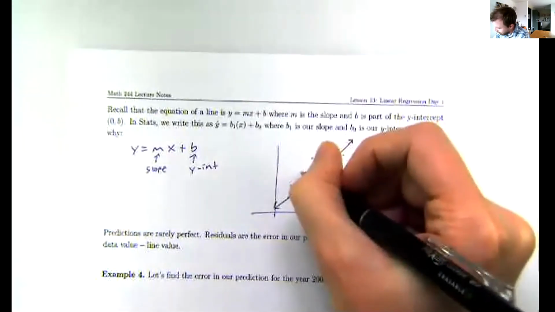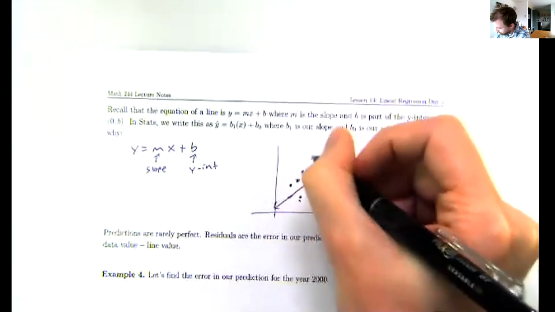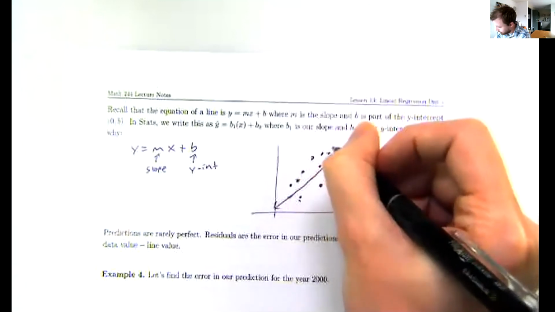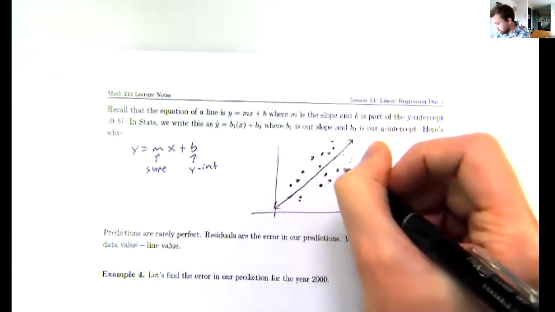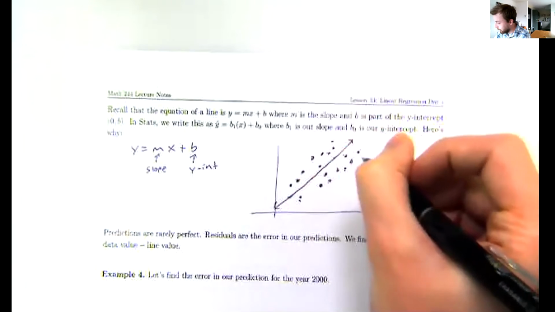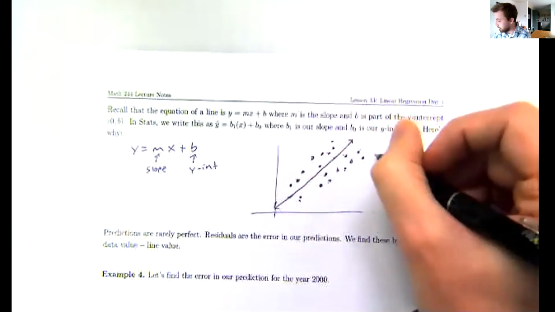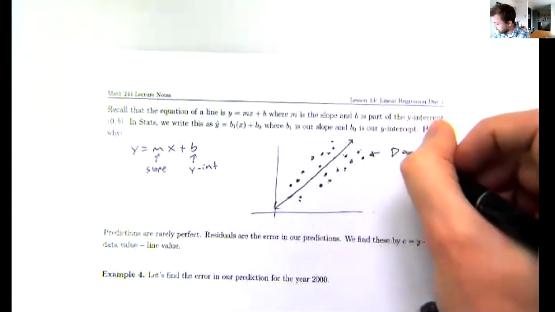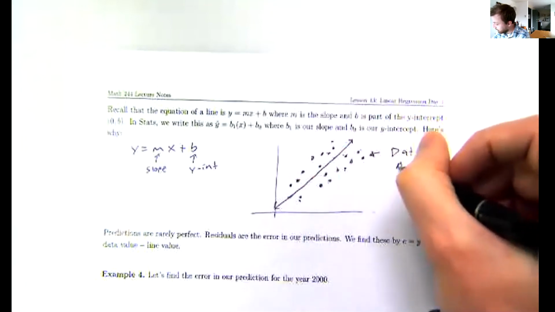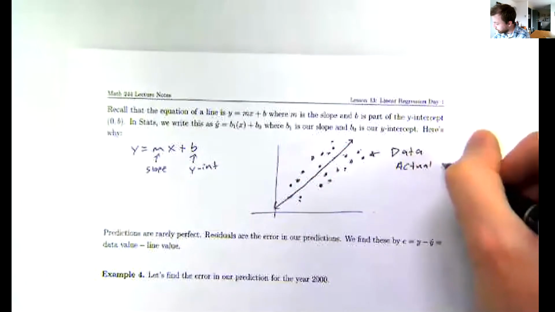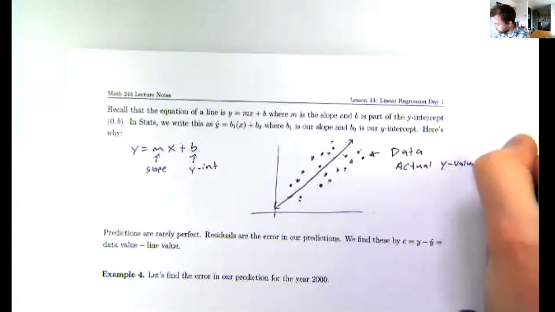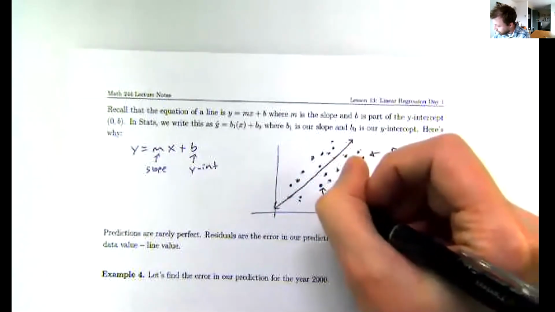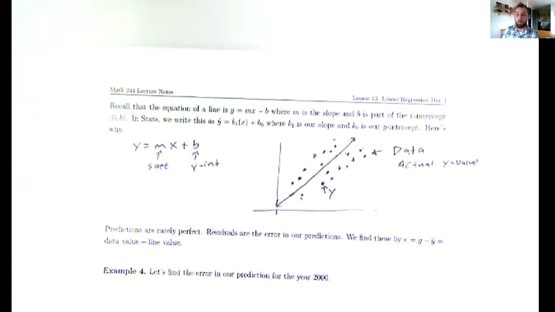Now, when I'm looking at all these little points, these are real data values. They represented certain times in certain years. So the data is an actual y value. So this right here, this is a true y.